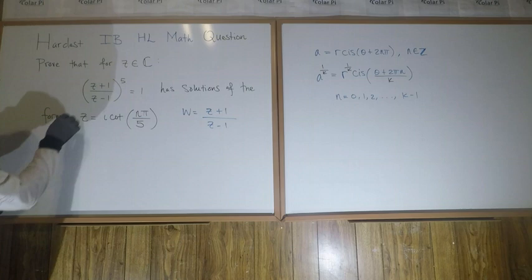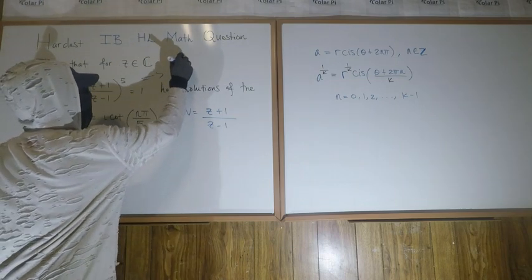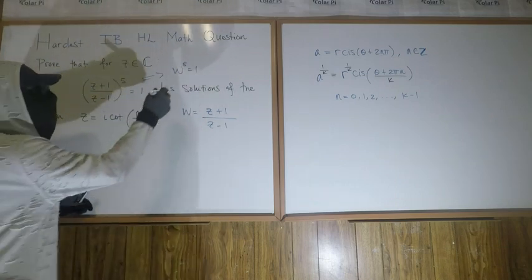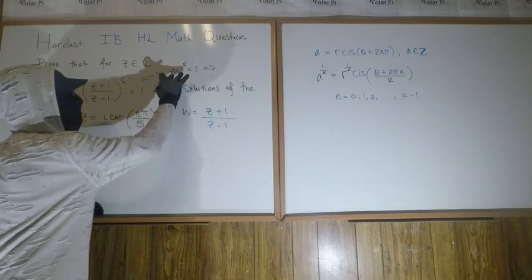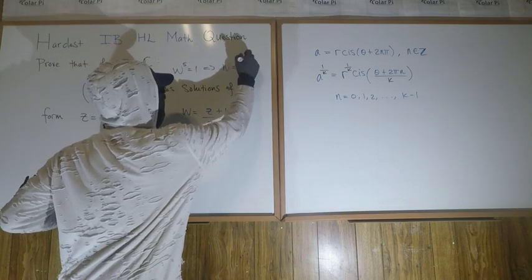But since now our equation turns into w to the 5th is equal to 1, let's first solve for w. Solving for w amounts to raising both sides to the 1/5 power. So w is equal to 1 to the 1/5.